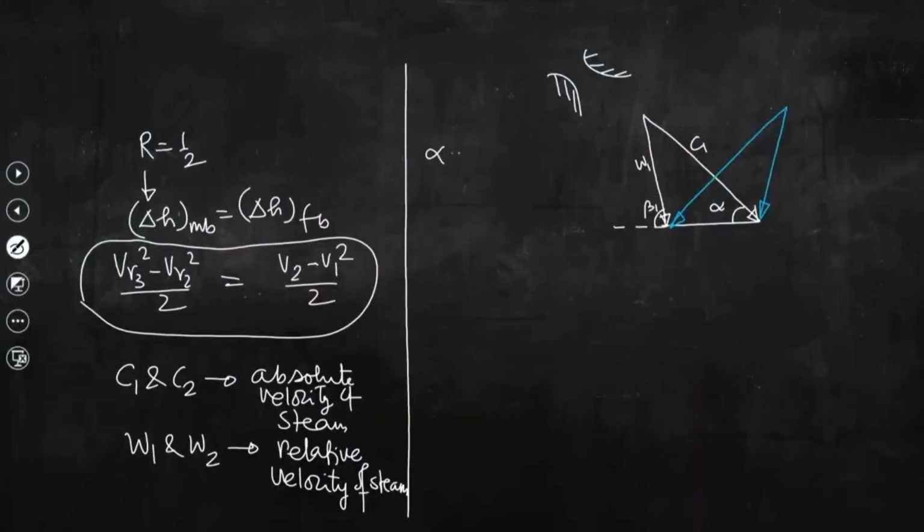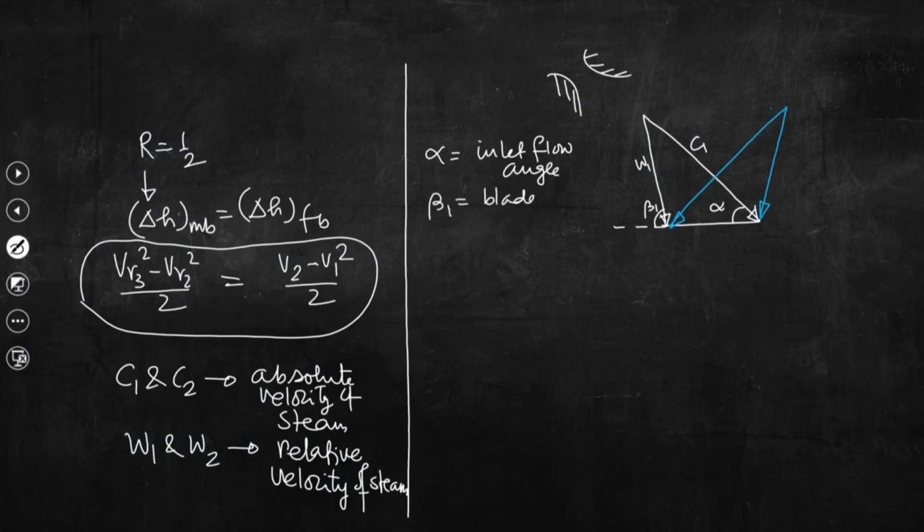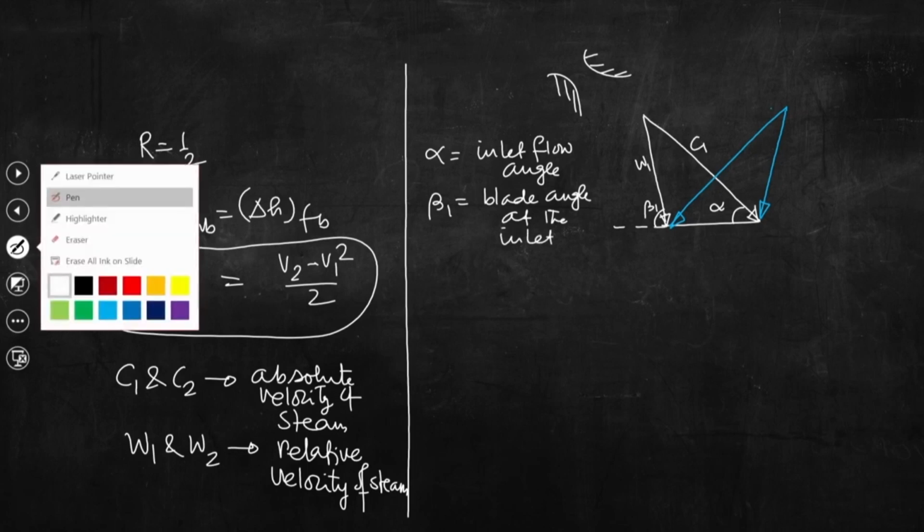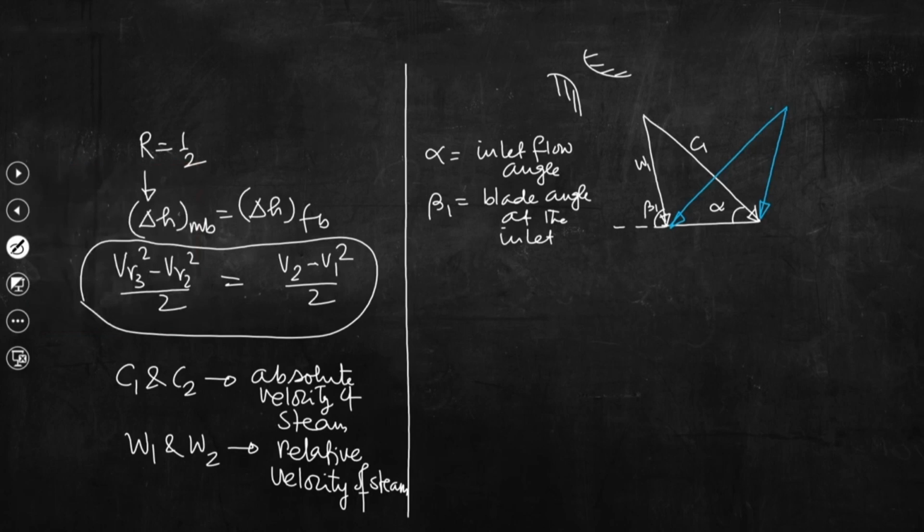I am writing alpha is the inlet flow angle, beta 1 is the blade angle at the inlet, and this is C2 and this is W2.